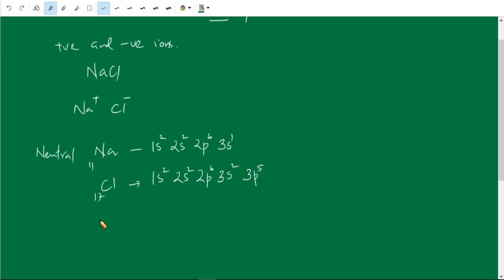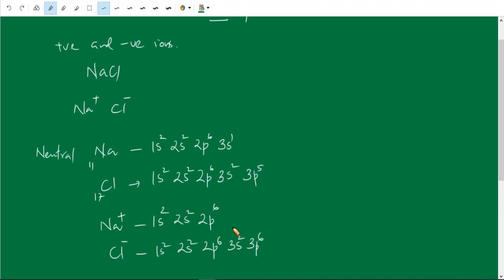Next, the ionic sodium, Na plus, lacks one electron, so 1s2, 2s2, 2p6. One electron has gone. And the chloride ion, Cl minus, has 1s2, 2s2, 2p6, 3s2, 3p6.